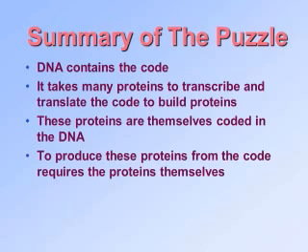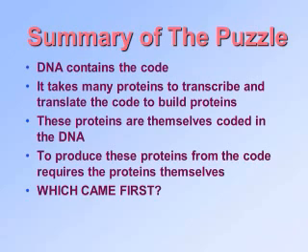To produce these proteins from the code requires the proteins themselves. How could you produce the first RNA polymerase without an RNA polymerase already there? It's a problem. Which came first? The protein or the nucleic acids? It doesn't matter. You have to have them both.